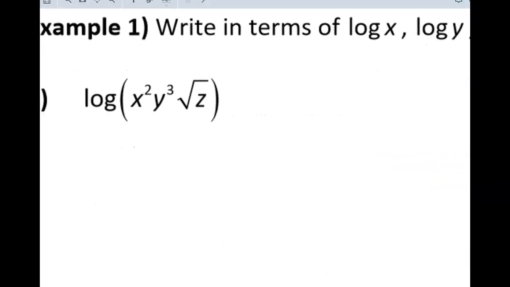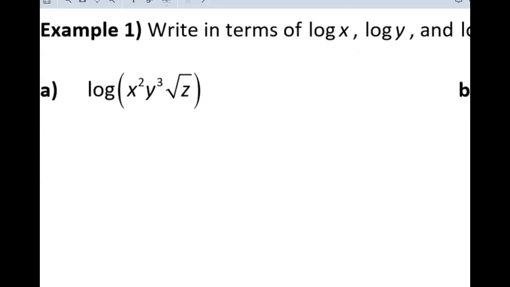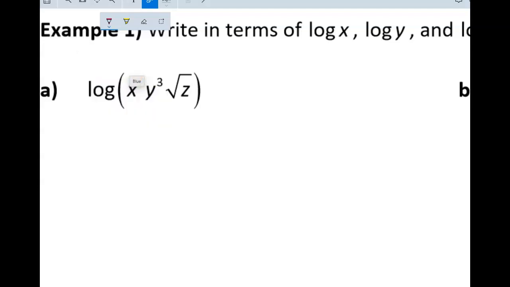All right, so let's use those properties to do what we're going to call expanding a logarithmic expression. What we're going to do here is write this in terms of log of x, log of y, and log of z. So right now we have log of a much more complicated expression. Since this is 3 things that are being multiplied together, we can write these logs separately.